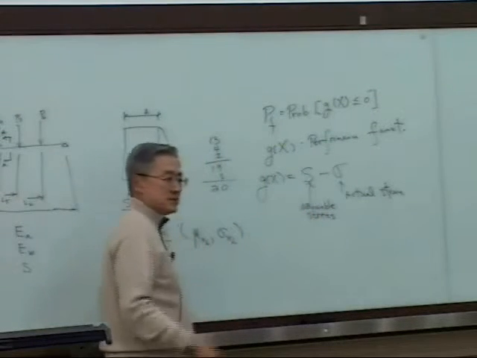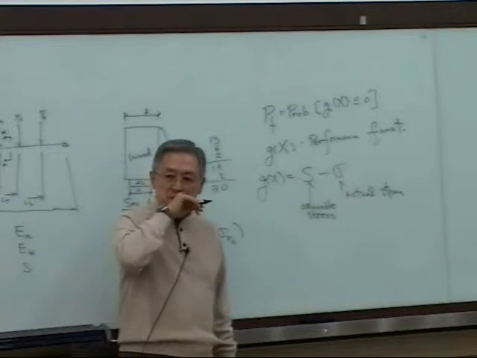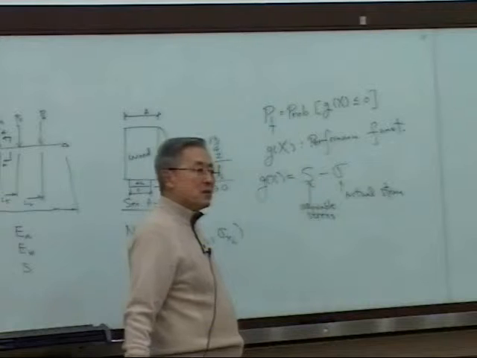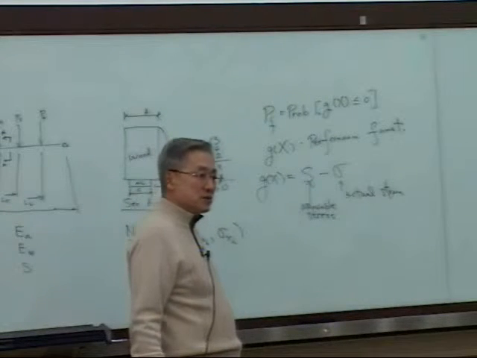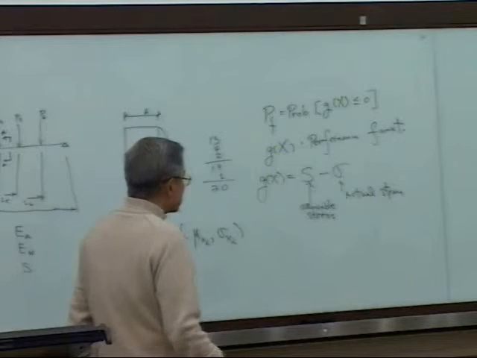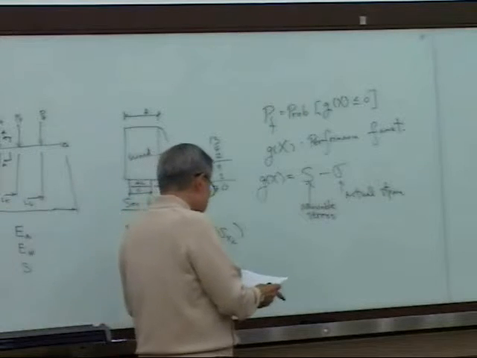Of course, S is a random variable. In exercise problem number 1, we set it equal to like 3 inches. That's a deterministic quantity. Then, of course, we have a mean and standard deviation.